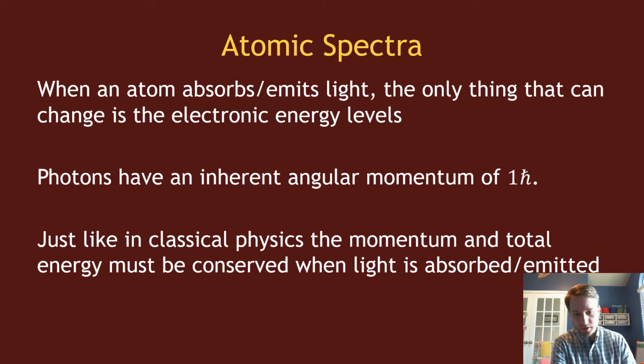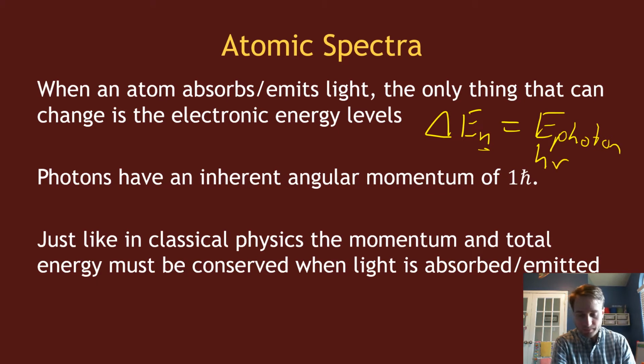So the change in the energy level of your atom, which is related to your principal quantum number n, is related to the energy of that photon, which is related to h nu. That has to do with the conservation of energy: the change in energy in your molecule has to do with the energy of your light that has disappeared or appeared through emission or absorption.